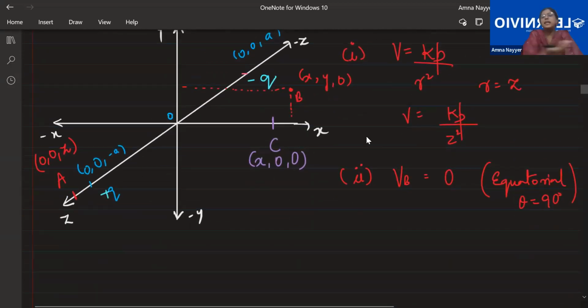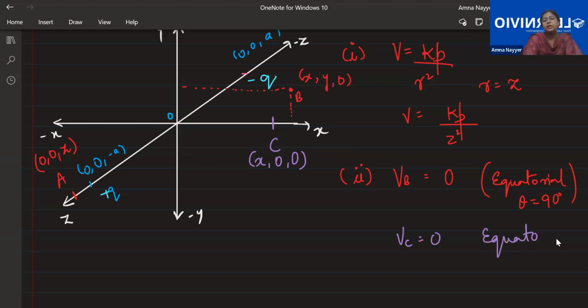So X-axis and Z-axis, are they perpendicular? Yes, ma'am, they are perpendicular. Exactly. So this will also make it equatorial. So VC will be 0. That is, again, this will be equatorial, that is, theta is 90 degrees.